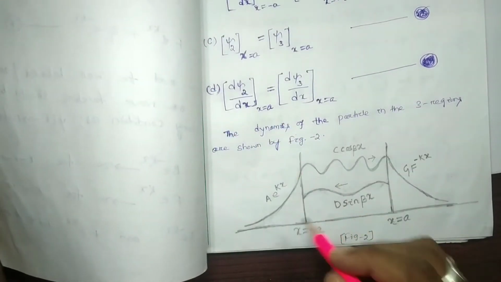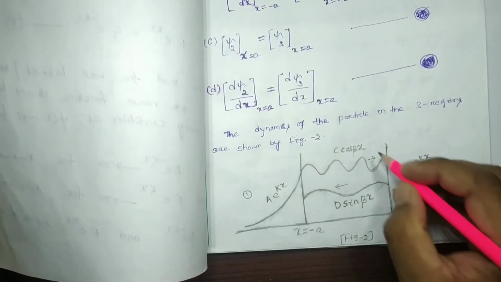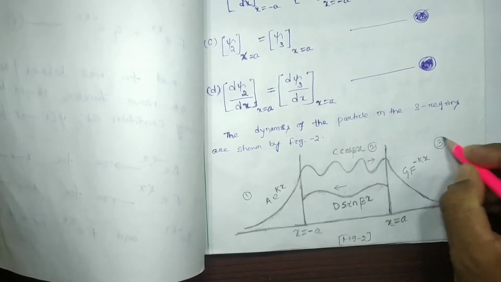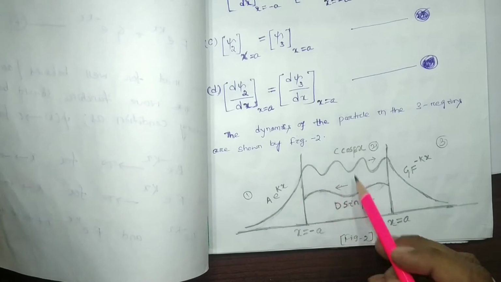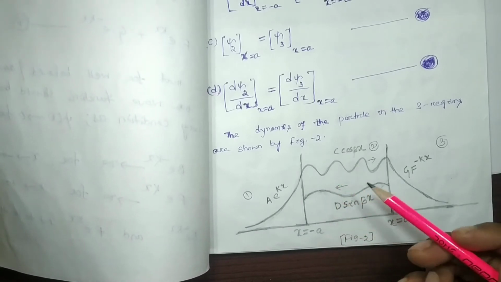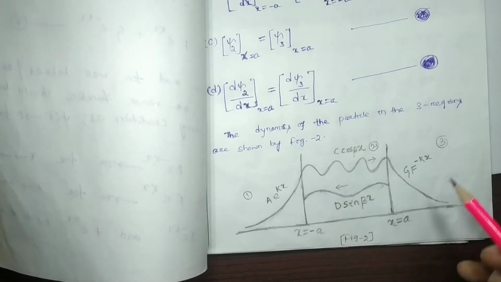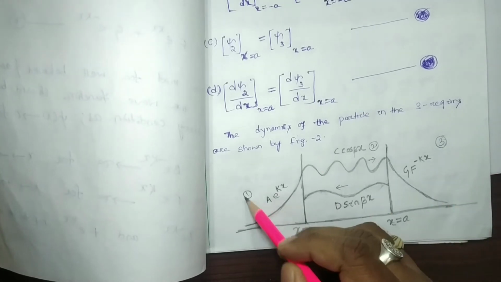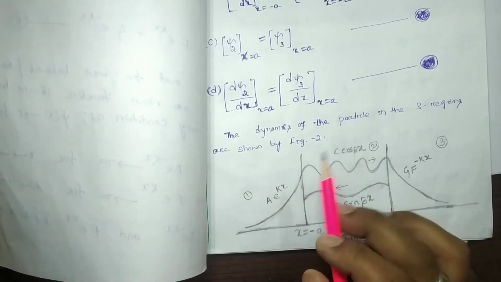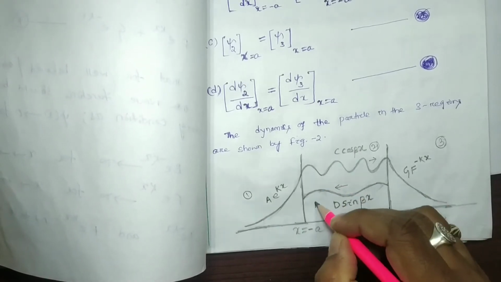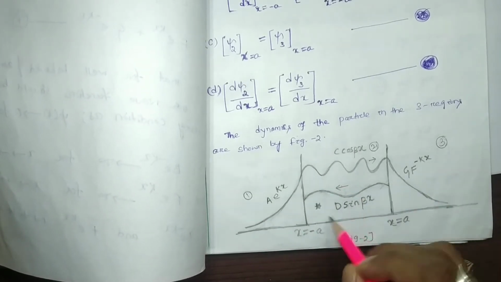This is region 1, this is region 2, and this is region 3. In region 2 the particle will be in a dynamic state, that is, we can consider it in wave or oscillatory form. But in region 1 and region 3, classically it is not acceptable; classically we will not find the particle there. The star here represents the particle dynamics.